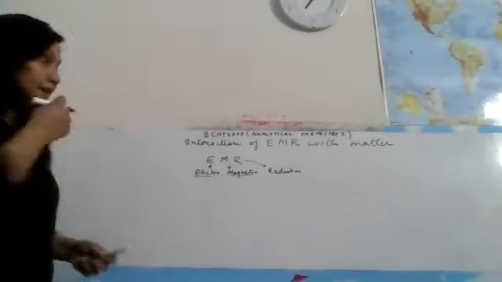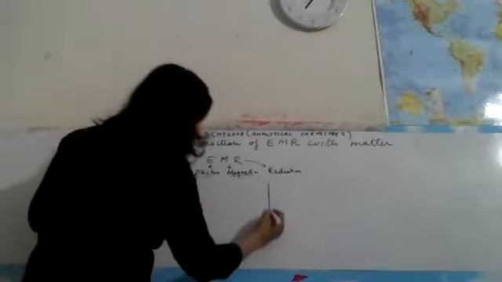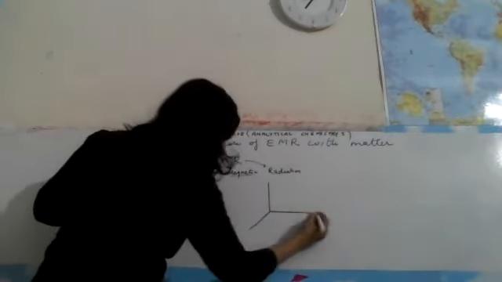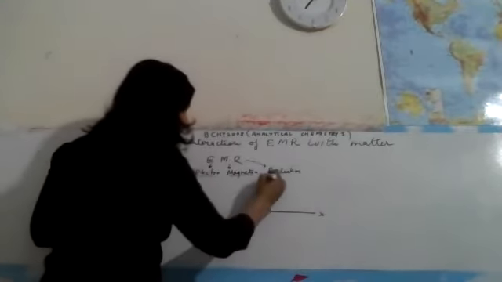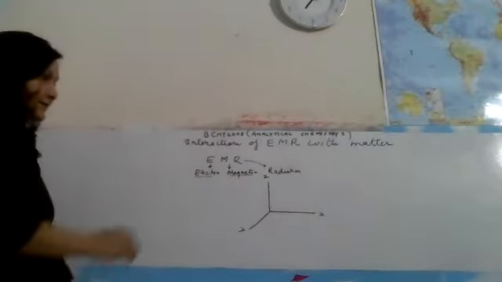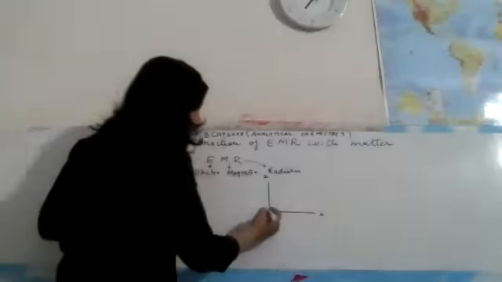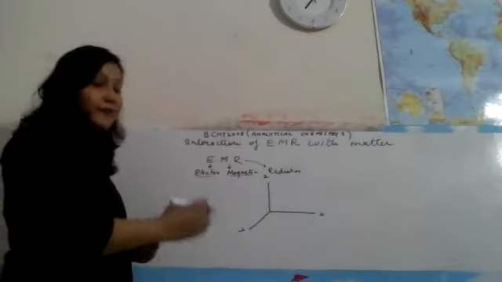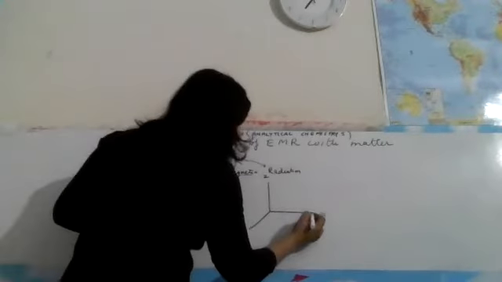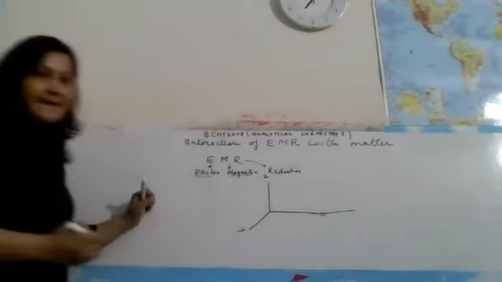Let's see in the diagram. Suppose this is your x-axis, this is your y-axis, and this is your z-axis, right? We know very clearly that all the axes are at right angles to each other. Now we have to draw the electromagnetic radiation, right?